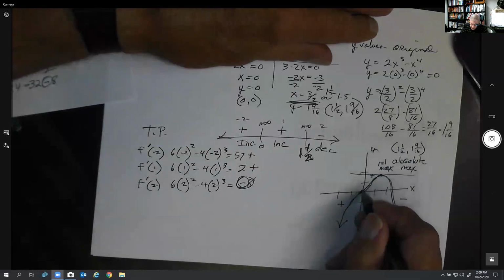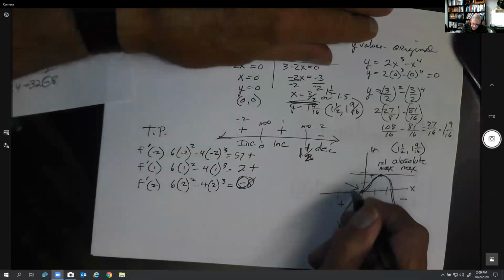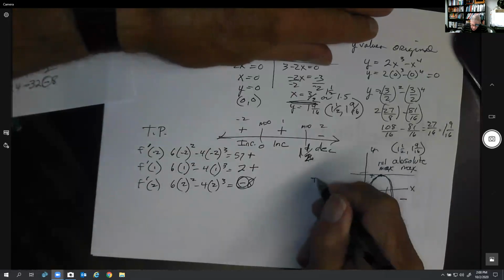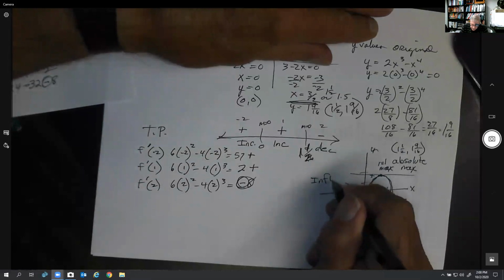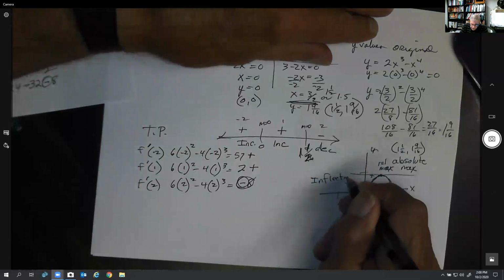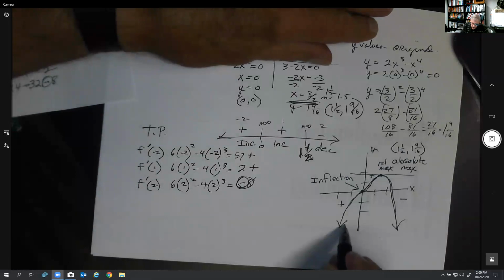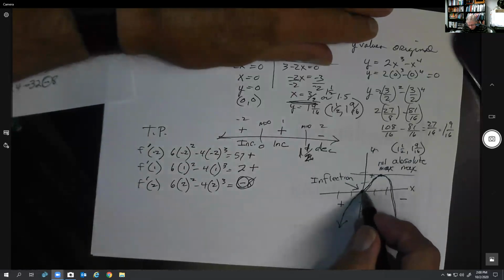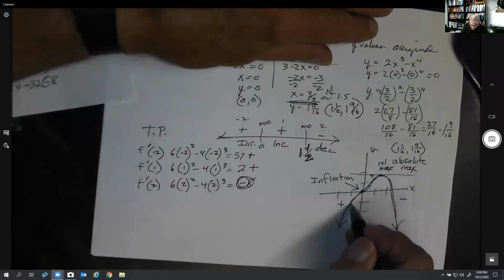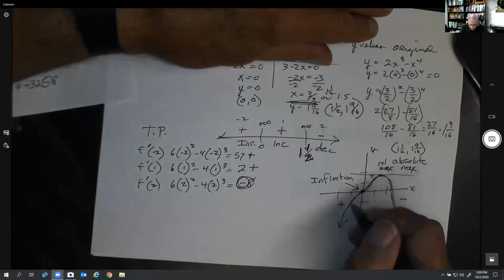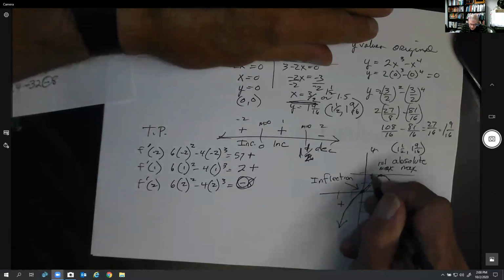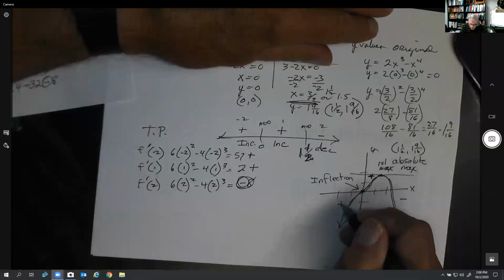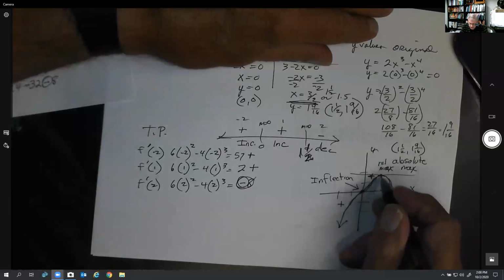Now, what about this point, 0, 0? That point is called an inflection point. An inflection point is when a graph continues in the same direction but has a little kind of shifting going on right around that point. There's a little thing, but we were going positive and we continued positive. So we were going in a positive direction and continued positive.